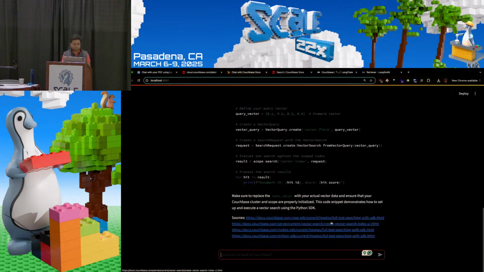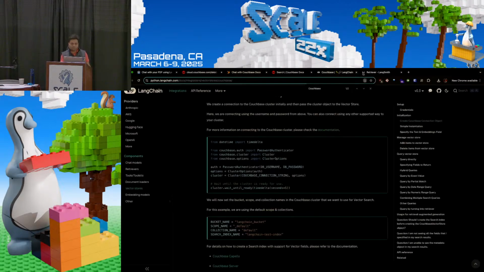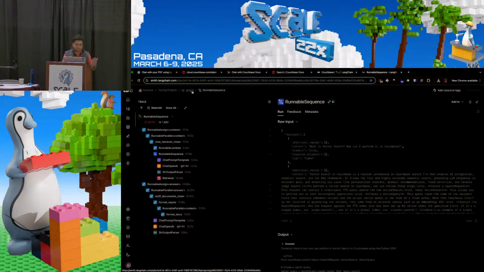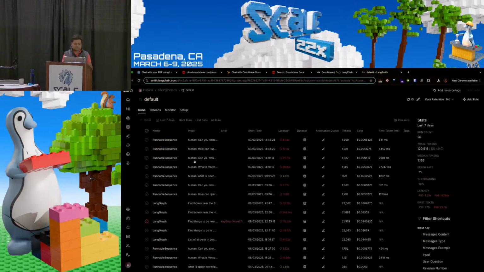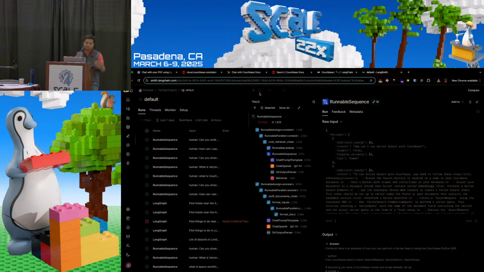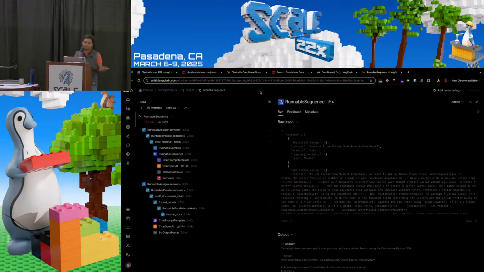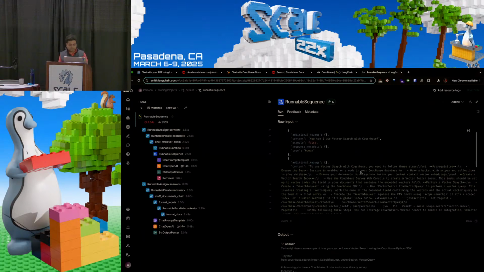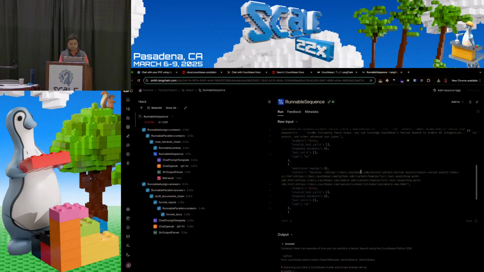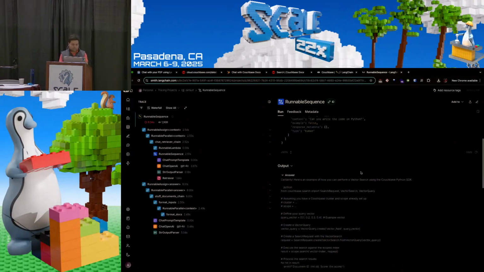The one thing I want to show you here is how this whole thing works. I can look at the stack trace, or the observability, for this run. Here you can see the question, how can I use vector search with Couchbase, and you have the whole message history.